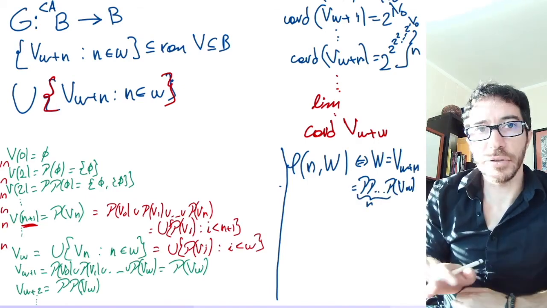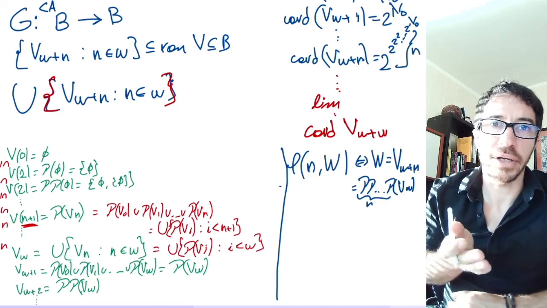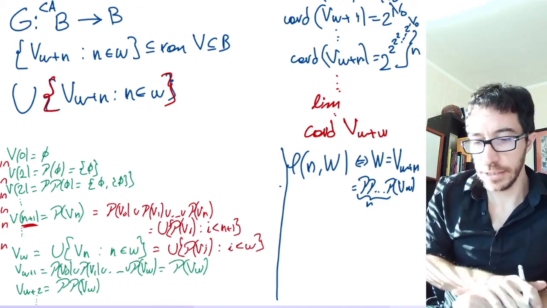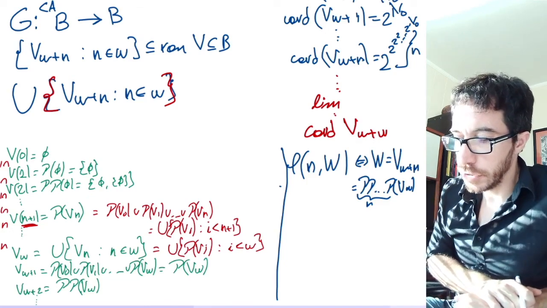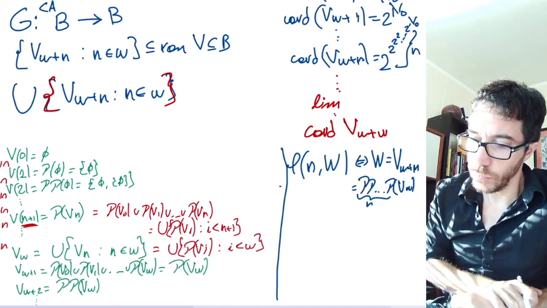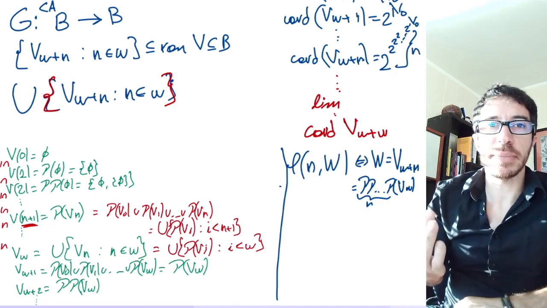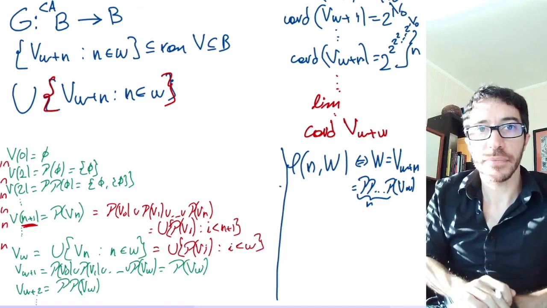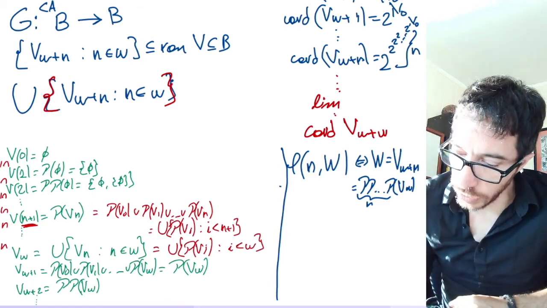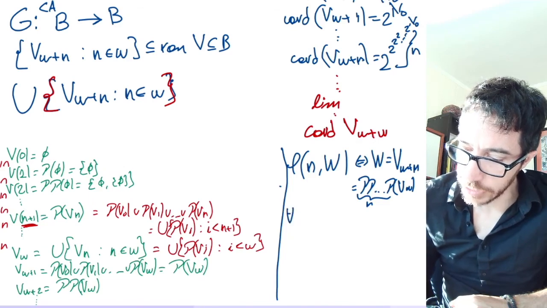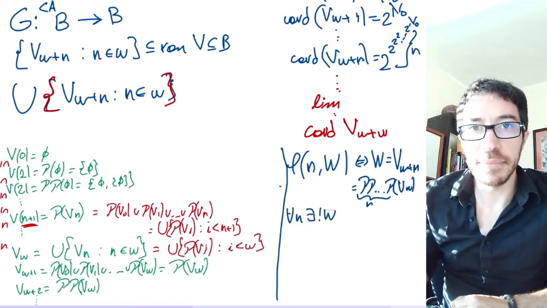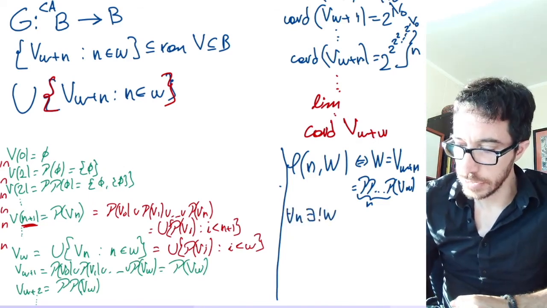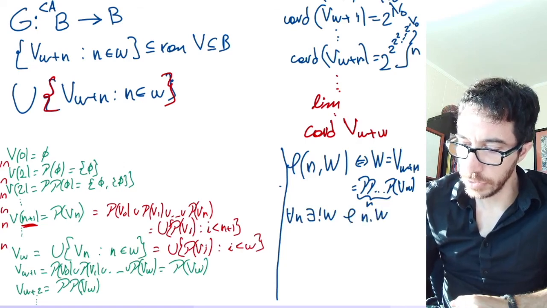It's not immediate how you find this formula phi, but you can define it, and we're going to see that in the next video. Once you have this, first we can show that for every n there exists a unique w, namely V omega plus n, such that phi of n, w holds.